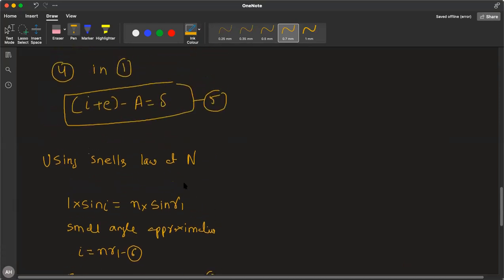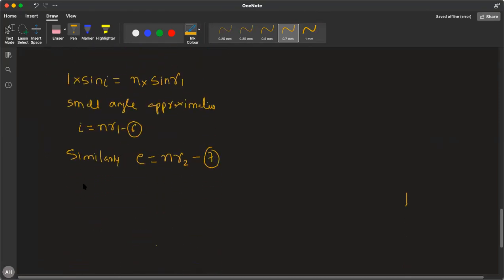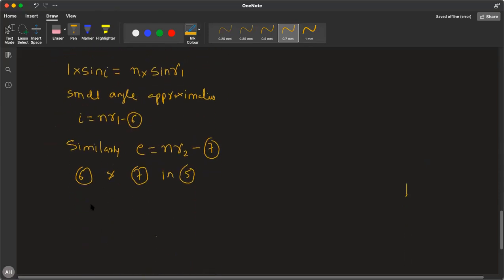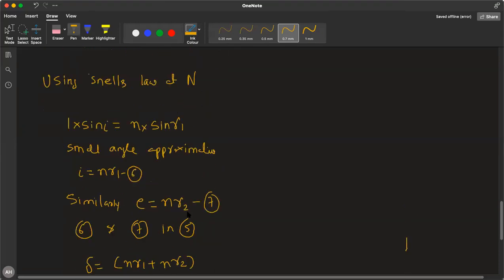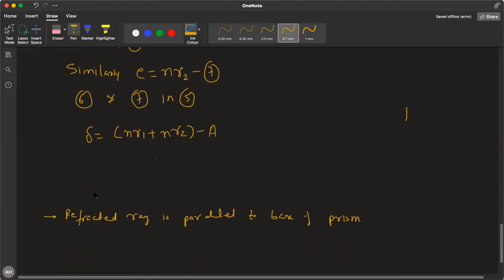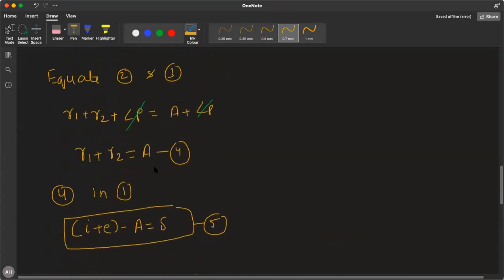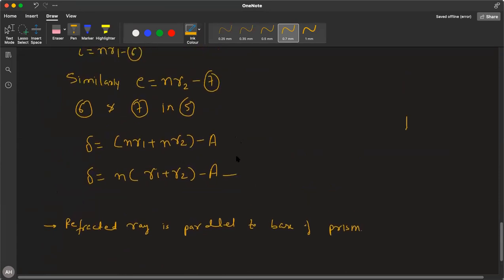Now what we can do is substitute 6 and 7 in 5. When we do this substitution, we get delta is I plus E minus A, which is nR1 plus nR2 minus A. So delta, n is common, we have R1 plus R2 minus A. R1 plus R2 is A. This is equation number 8.